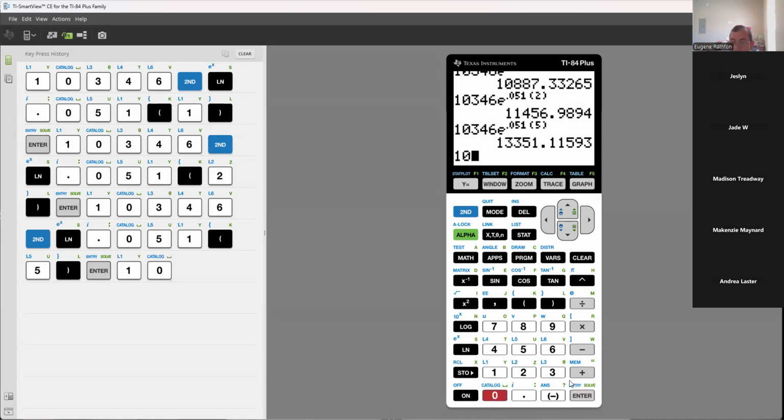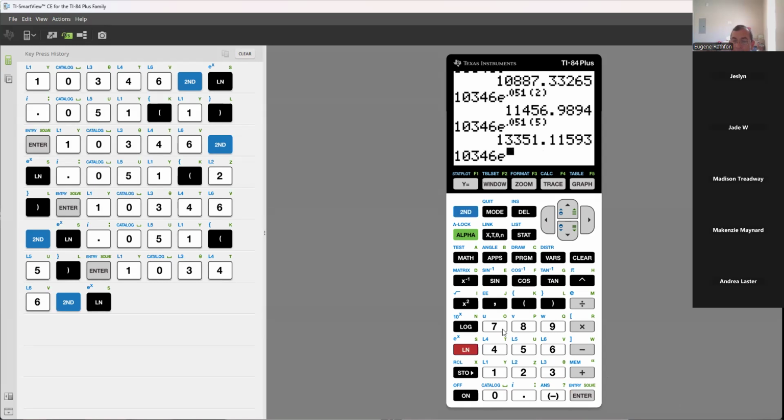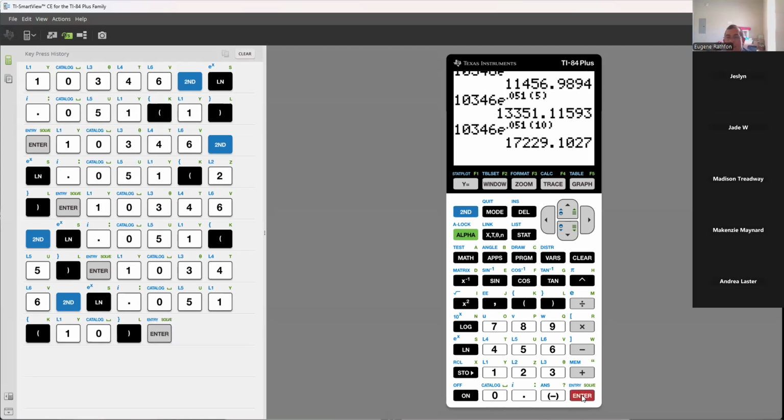And y'all finally was 10 years. So 10,346, second ln, and then the exponent is 0.051 times 10 years. So the money better keep going up. And when I hit enter, we're at 17,229 point, and let's see, that's a 1 0.